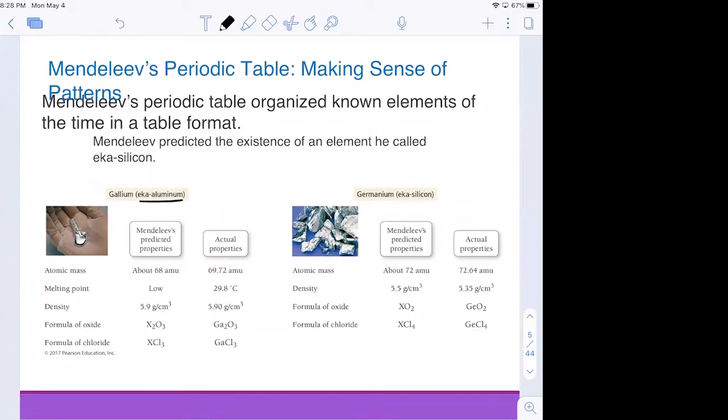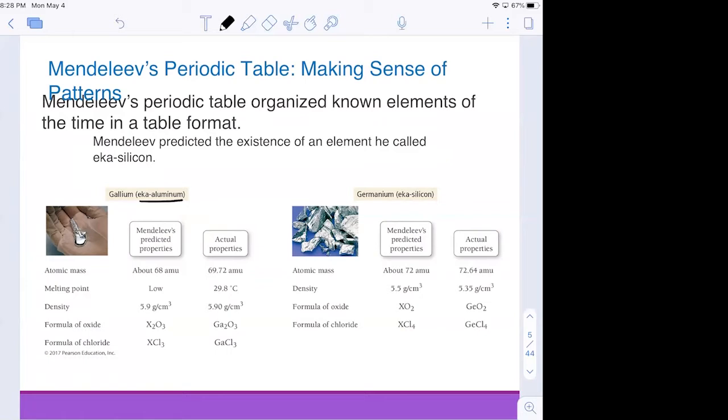Gallium was not discovered yet in 1869, but because when he was setting it up by mass and properties, he knew that something could be after aluminum that had specific properties like the other things around it. Specifically, if you look at gallium on the periodic table, it's right underneath aluminum.